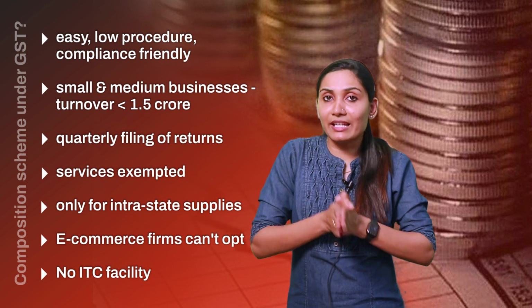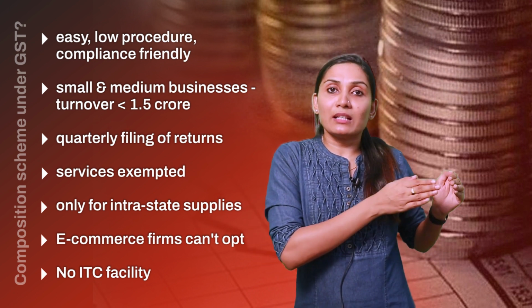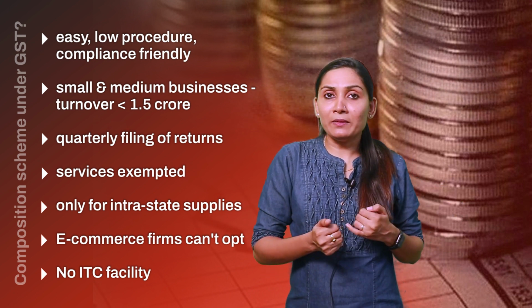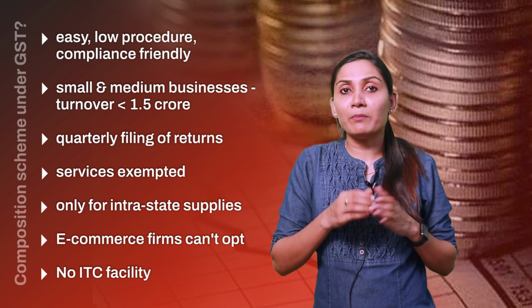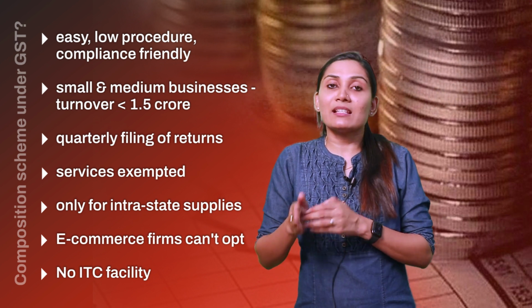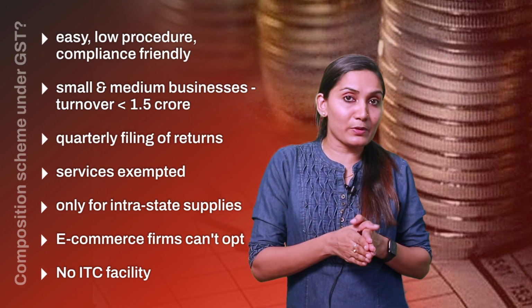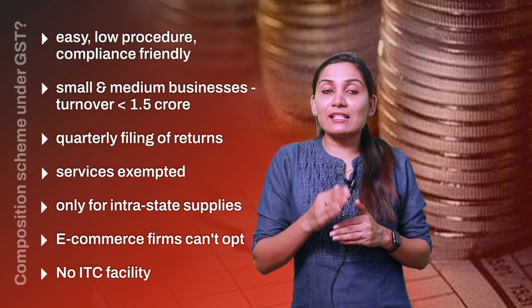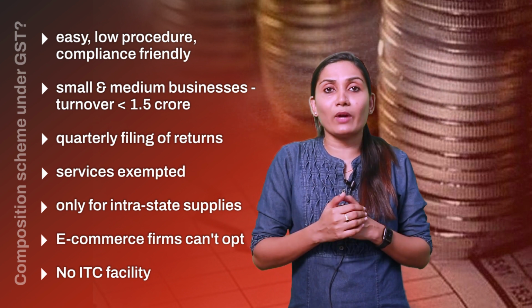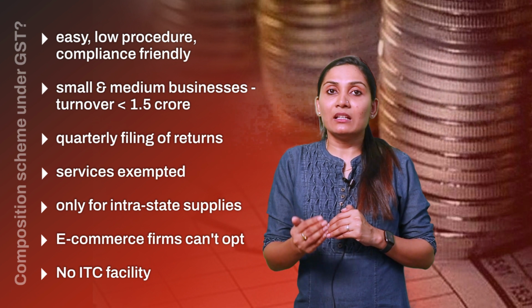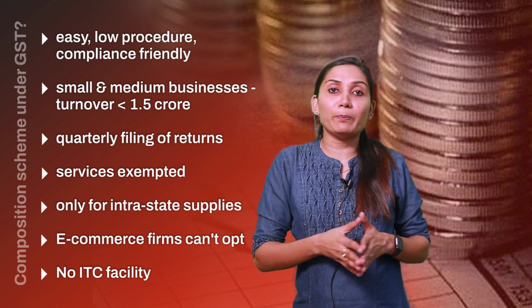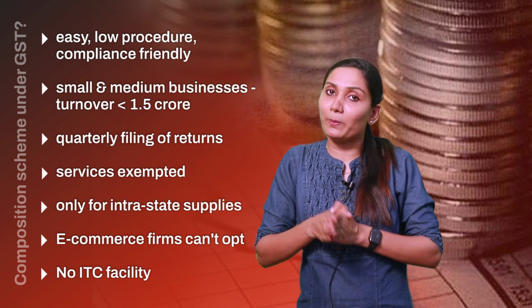There are certain conditions for opting into the composition scheme. First one, only the producers of goods can opt for the composition scheme, not services, which means services are exempted from the composition scheme. Secondly, there is a turnover threshold which is 1.5 crore rupees per annum. Only those businesses having a turnover of less than 1.5 crore per annum can opt for this.